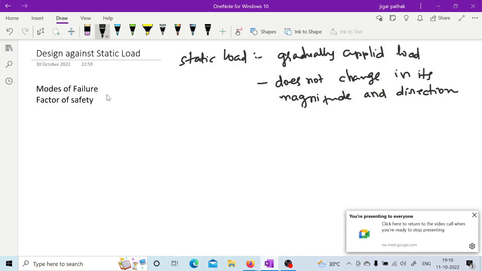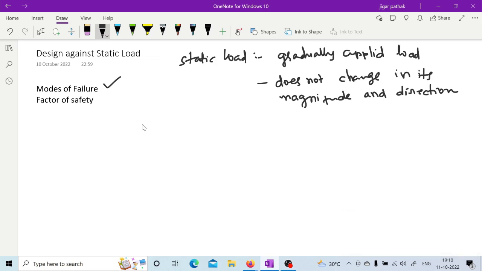Whenever we start discussing designing, designing always includes modes of failure. It means you are going to design a component based on the various types of stresses or forces acting on it, and based on that you will define certain dimensions of your component.